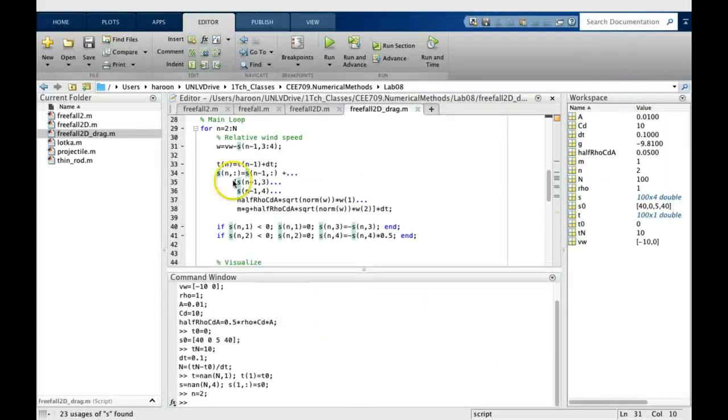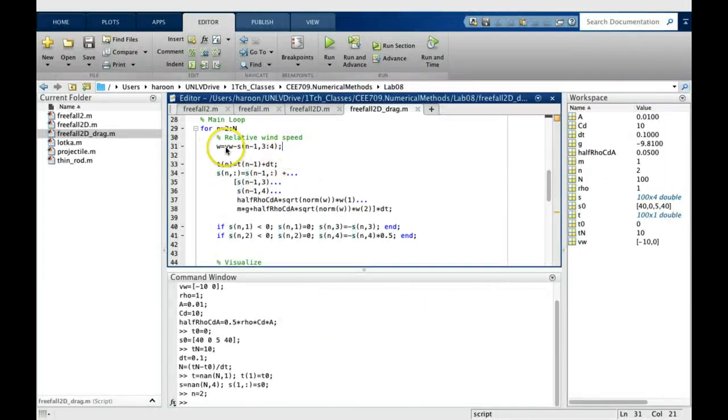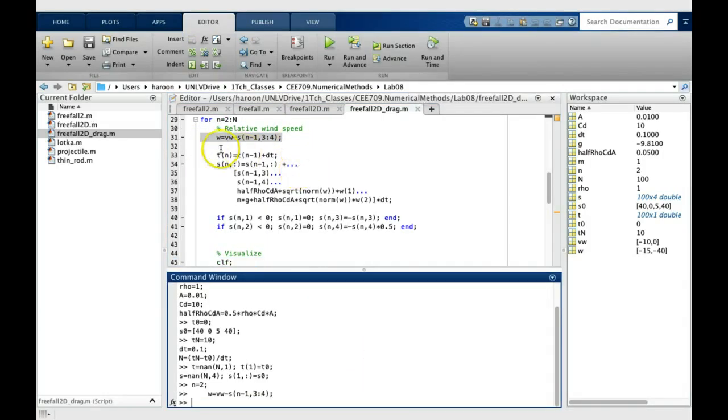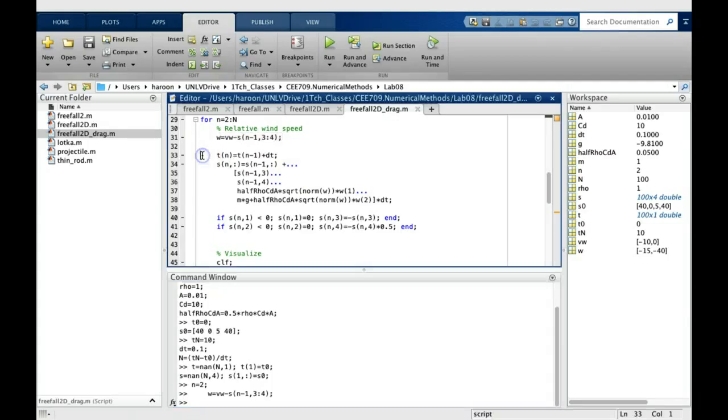So we can do that in a single line by taking the vw, which is the wind velocity, minus the velocity vector, which is the third and fourth elements of the state vector. That gives us the relative wind velocity. And then we have the timestamp here.